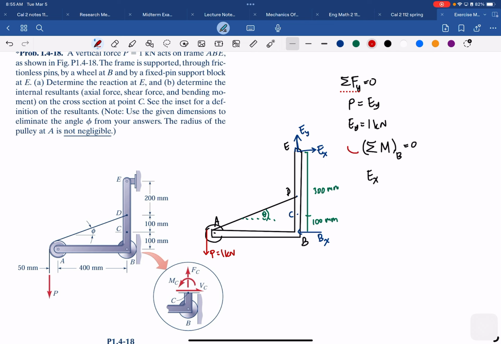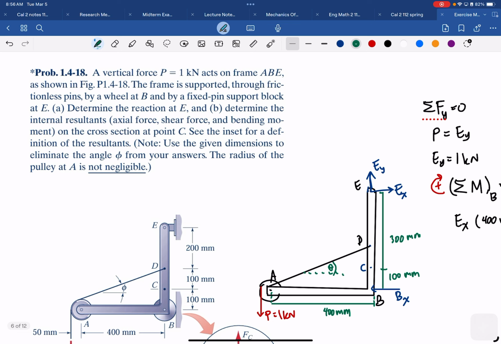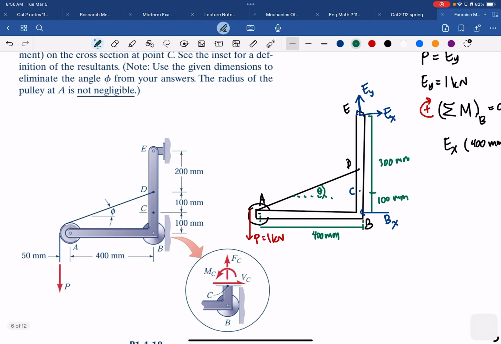So, well, let me write that as a reference. So it's positive, so this will be 400. And then minus, it's going to the left, 1 kilonewton and 4. Oh, wait. The distance here, I forgot to mention. This is, oh, okay, wait. You need to be careful here. This is 400, right? But we have additional 50 millimeter.